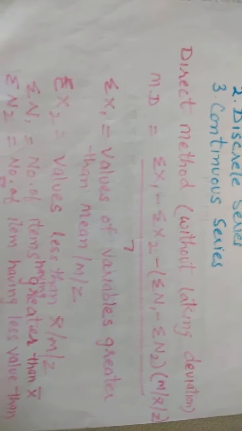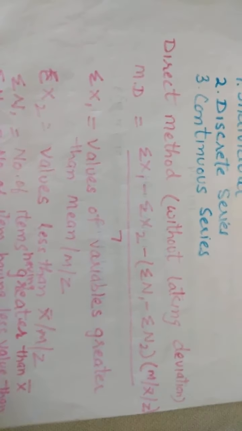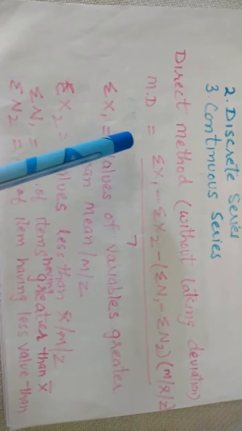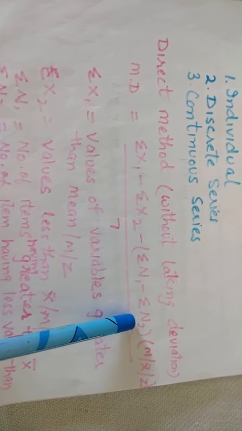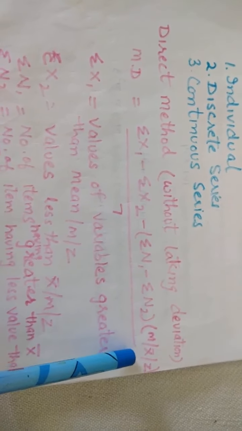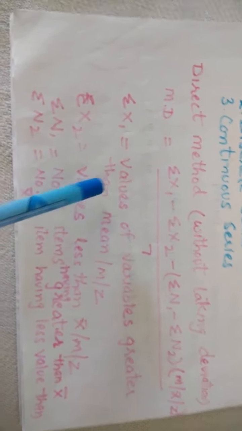Here is another formula when we calculate mean deviation without taking deviation. This is the long method. In this, mean deviation is equal to summation x1 minus summation x2 minus n1 summation minus n2 summation bracketed, multiplied with mean or median or mode, divided by number of items.